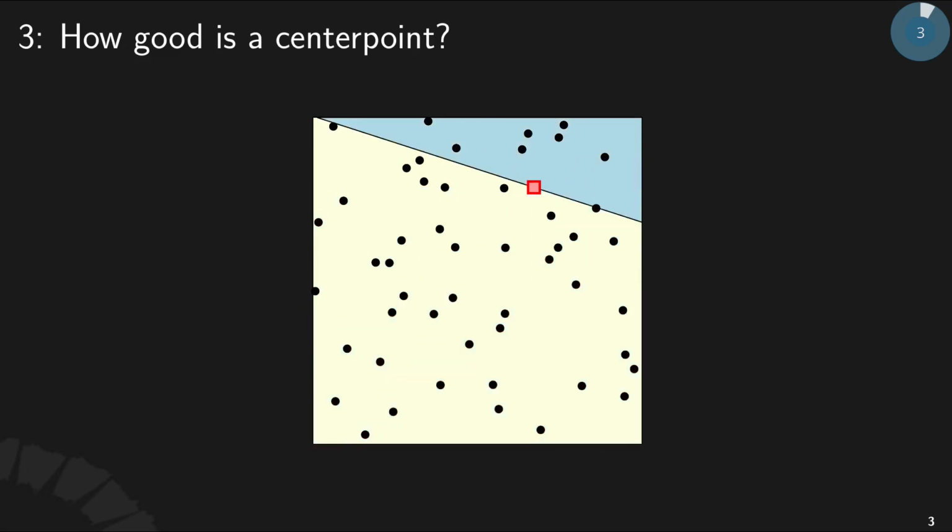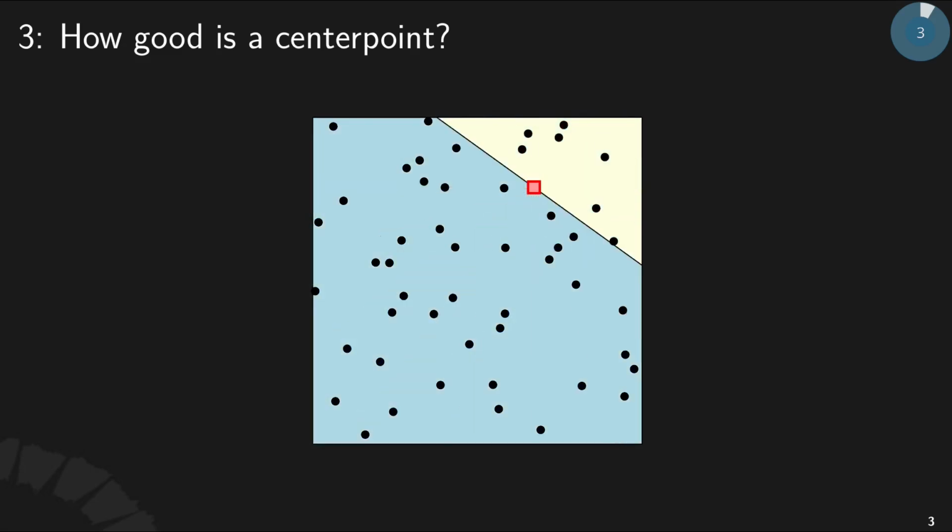I might as well concentrate only on the half spaces that pass through it. For each one of them, we can ask, how many points are there? And then look for the half space that contains the fewest number of points. This determines how good of a center point this point is.